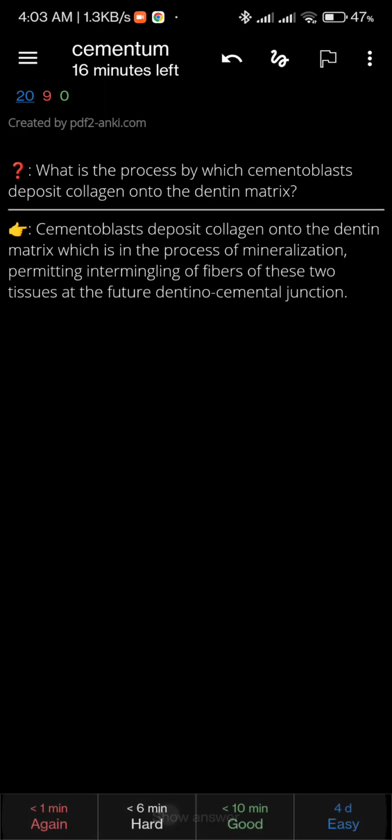This collagen is undergoing the process of mineralization, and this allows intermixing of the fibers of both tissues.